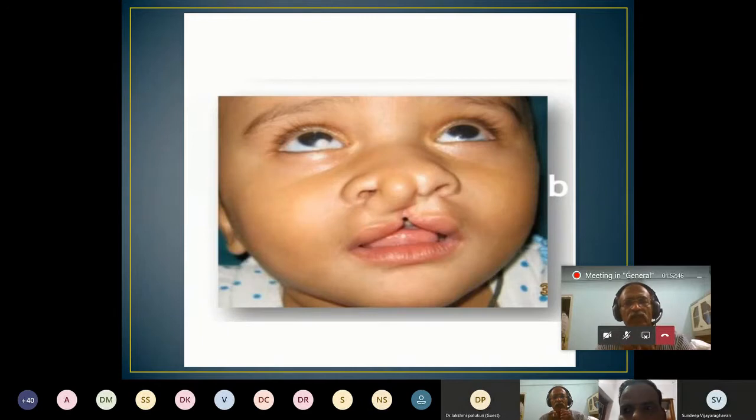But he might have a small track which is going towards the cribriform. So in this scenario, I would prefer to do an MRI scan also, to see the situation of this swelling, because this swelling is going to come in the way of repair of your lip.